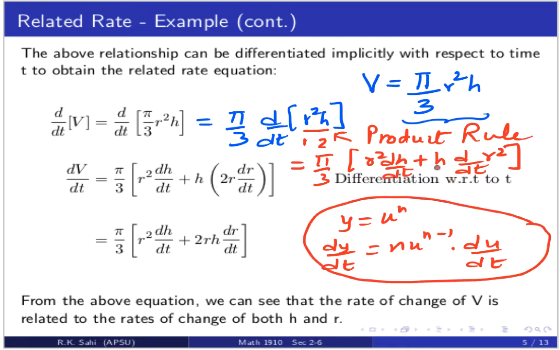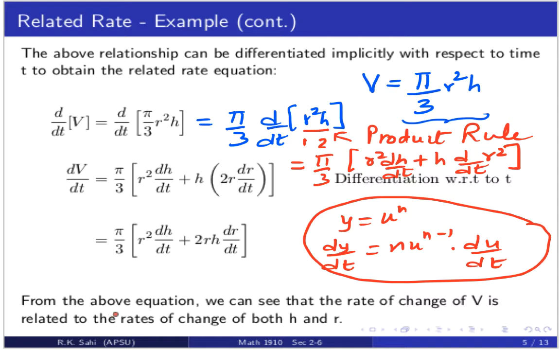When you take the differential of r squared, it becomes dr over dt times 2r. Then, writing it in a nicer form by taking away the brackets, we get dv over dt equals pi third times, inside the square brackets, r squared dh over dt plus 2rh dr over dt.